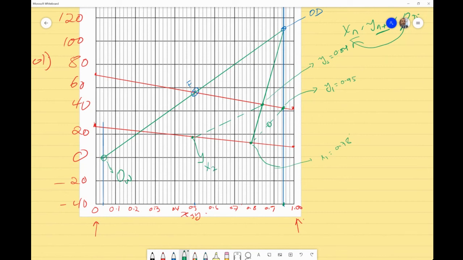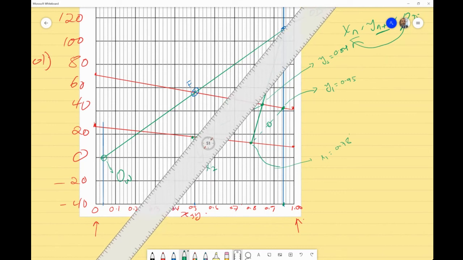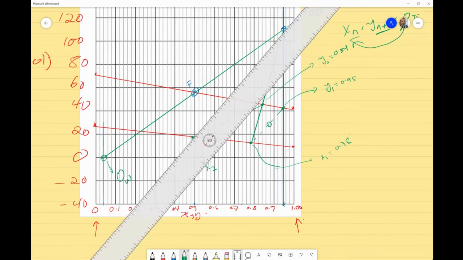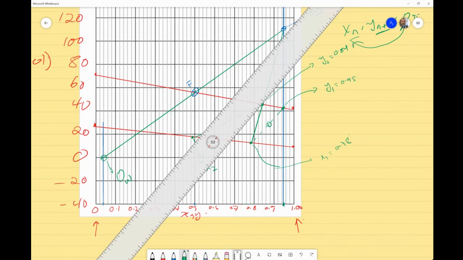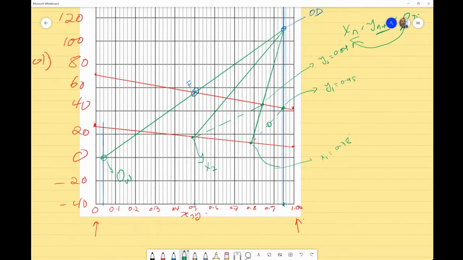If I connect X2 with OD, I will get the Y3. Oopsie. So this one is going to be Y3, which is almost 0.6246, 0.66.